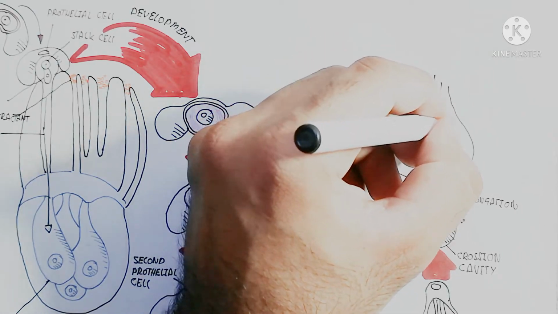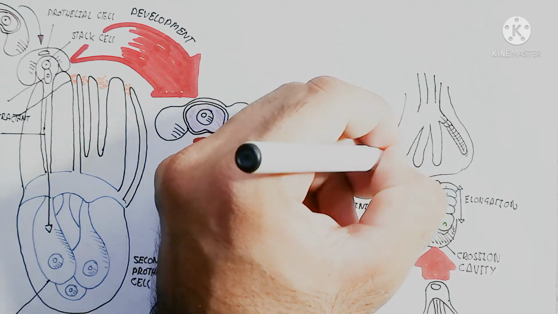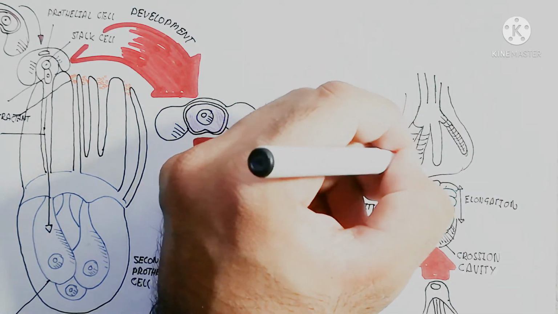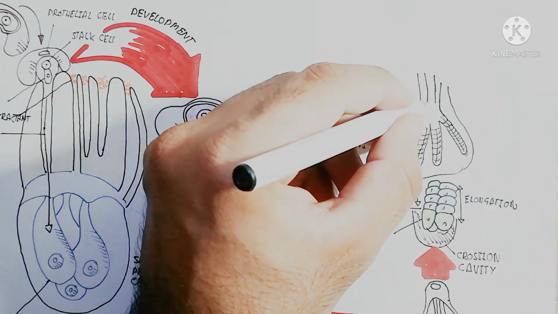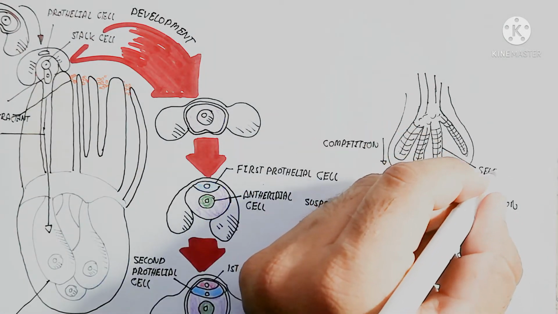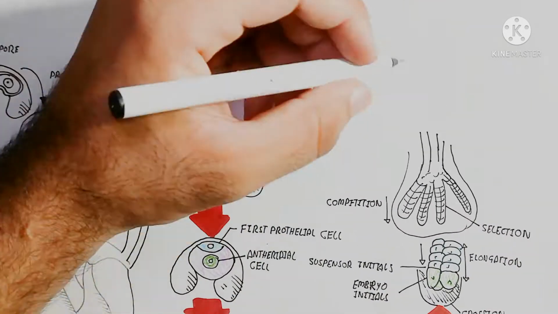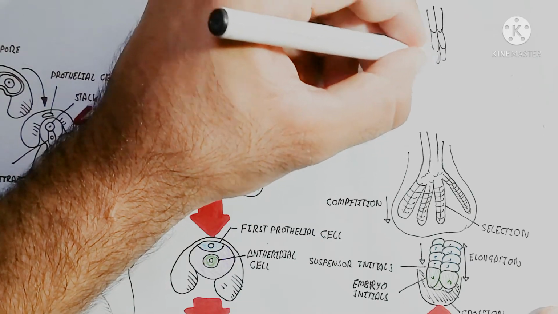There are many archegonia which develop, and zygote formation leads to more archegonium development and more embryo formation. So many embryos will be formed, but one will be selected and the others will degrade.